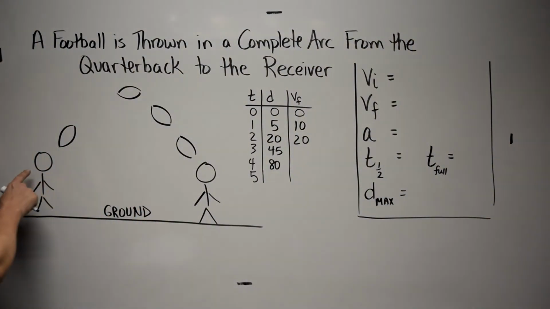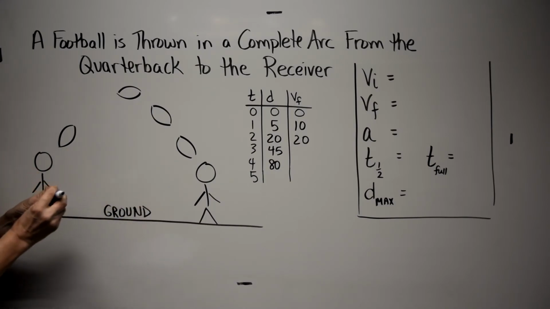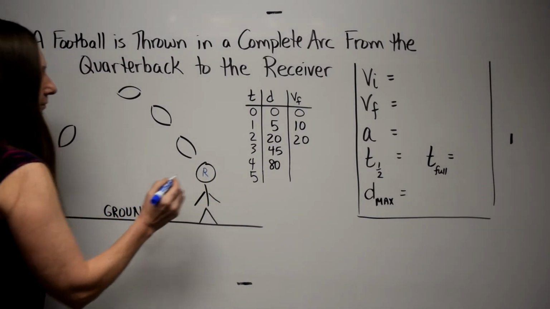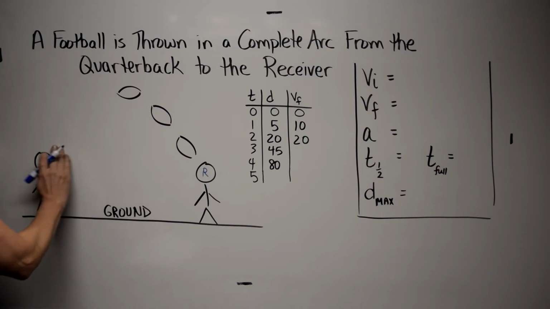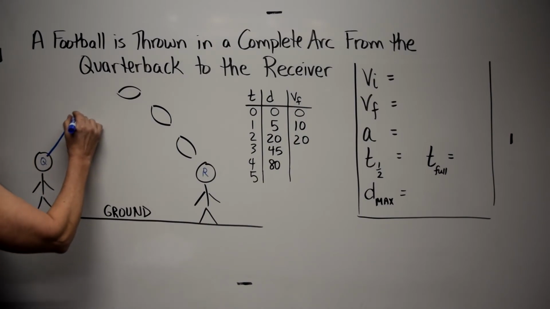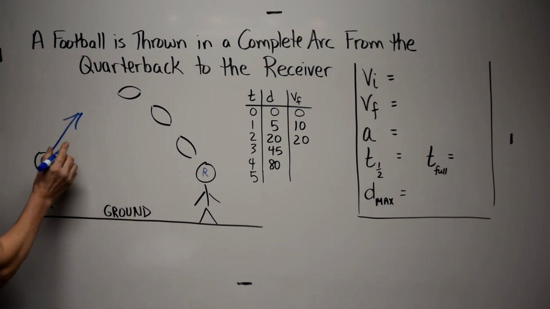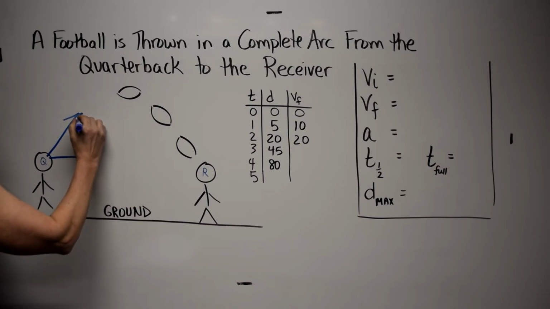In order for the quarterback to effectively throw the football to the receiver, here's the quarterback, Q, here's the receiver, R, the quarterback should probably throw the football at an angle, something like this, that direction. Obviously, if he throws it that way, he's partly throwing the football to the right, and he's partly throwing the football up.